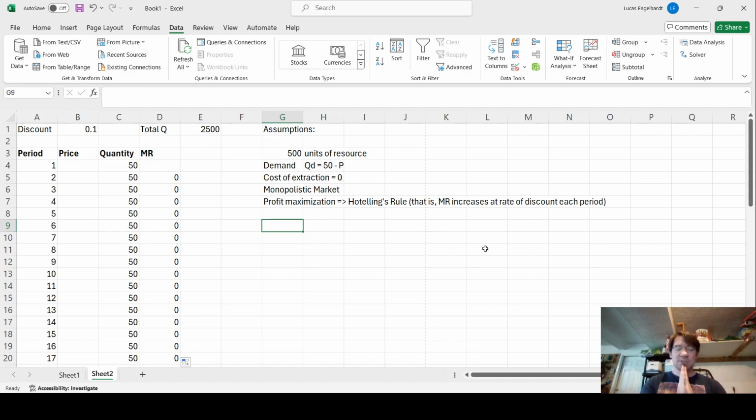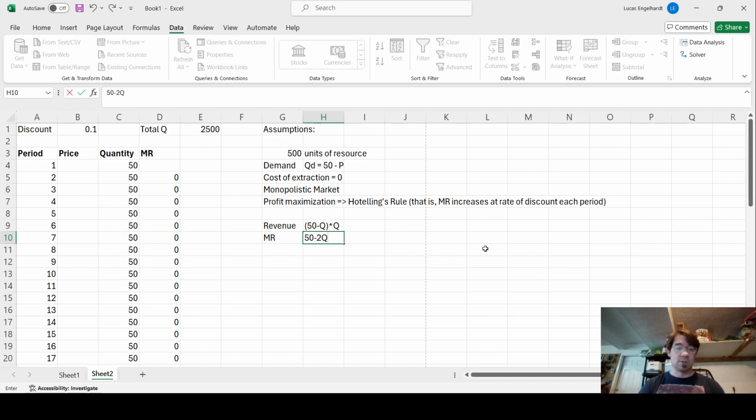So first, let's put in what my revenue formula would be in terms of quantity, because that's the way I'm used to thinking of it, right? So if my demand is quantity equals 50 minus P, I'm going to rearrange that to an inverse demand curve, so that price is 50 minus Q, times Q. Okay, so this would be my revenue formula, which I could distribute that Q through, which then gives me a marginal revenue formula in terms of quantity of 50 minus 2Q.